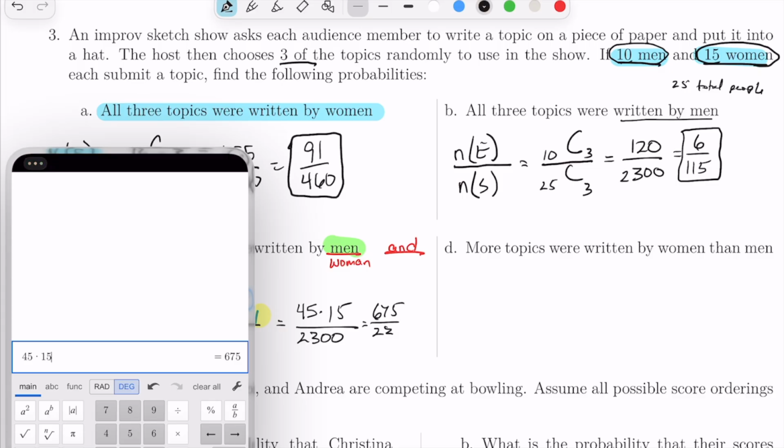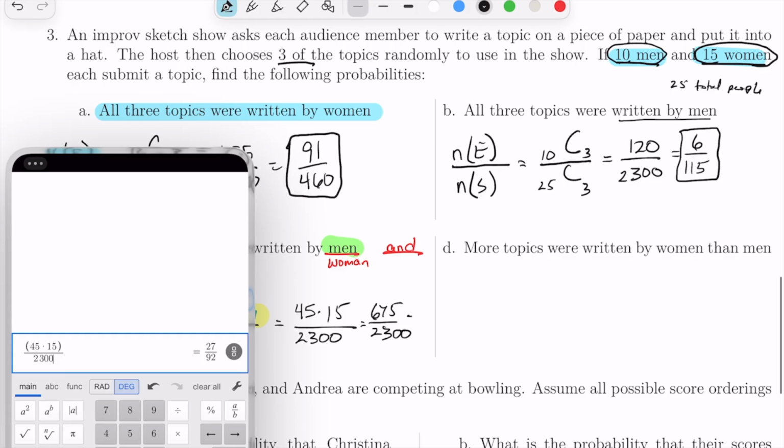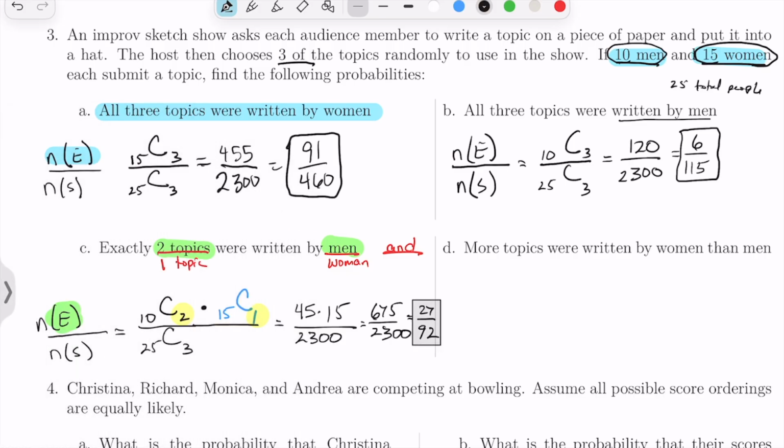over 2300. That's about a 30% chance, which is 27/92 to be more precise. So pretty decent chance of that happening.